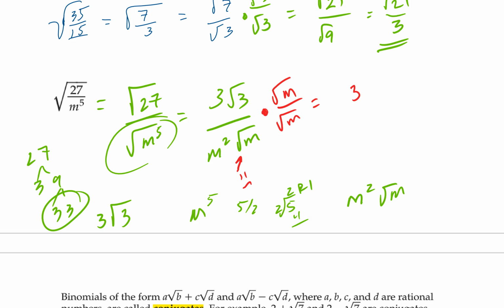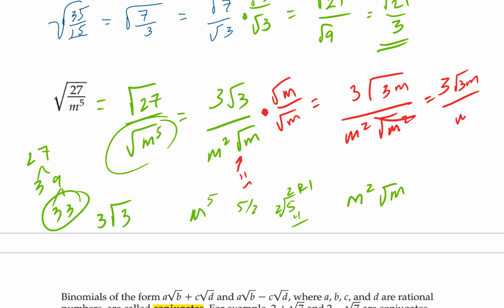So I'm going to have 3 on the outside, and then radical 3 and radical m could be multiplied because they're both radicals. Same thing down here. Radical m times radical m is m squared. That just cancels out and you get 3 over 3m squared times m cubed. That's how that one works.